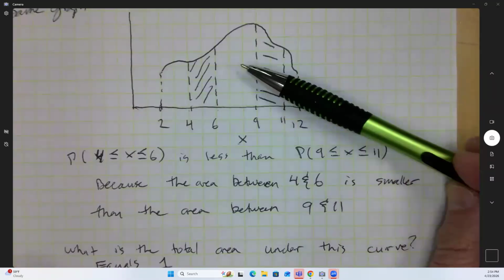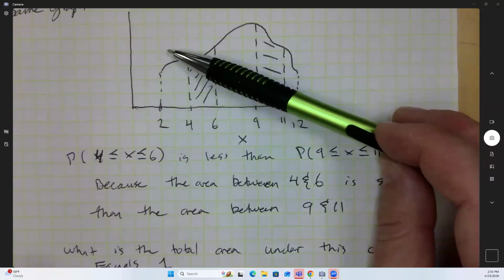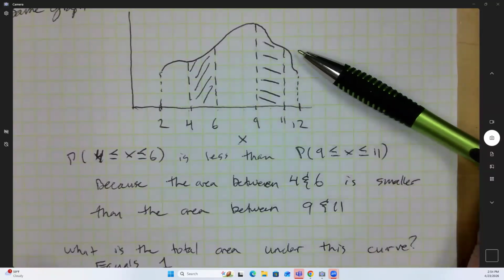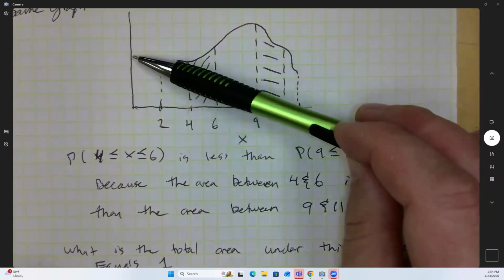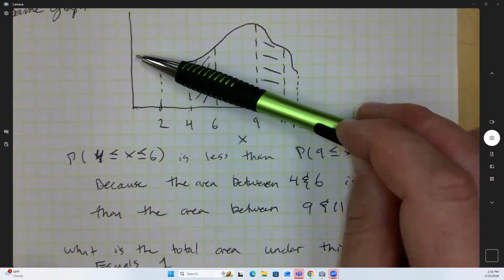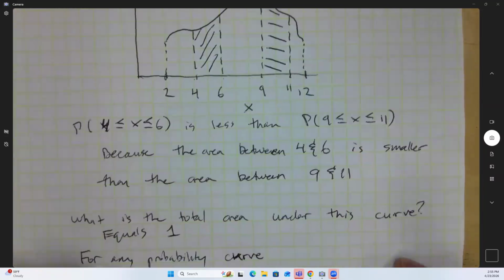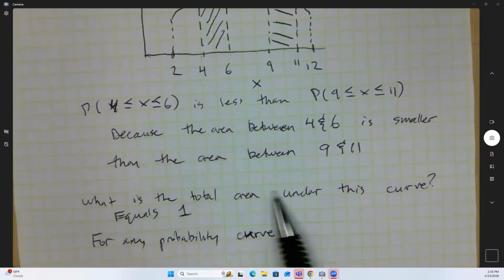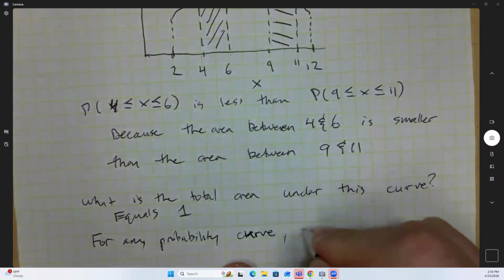I've got to do some thinking here. That's about 1. So I would make this height 1/10, which is kind of meaningless. So we usually don't care too much about the vertical scale. What we care about is that the total area under any probability curve always equals 1.